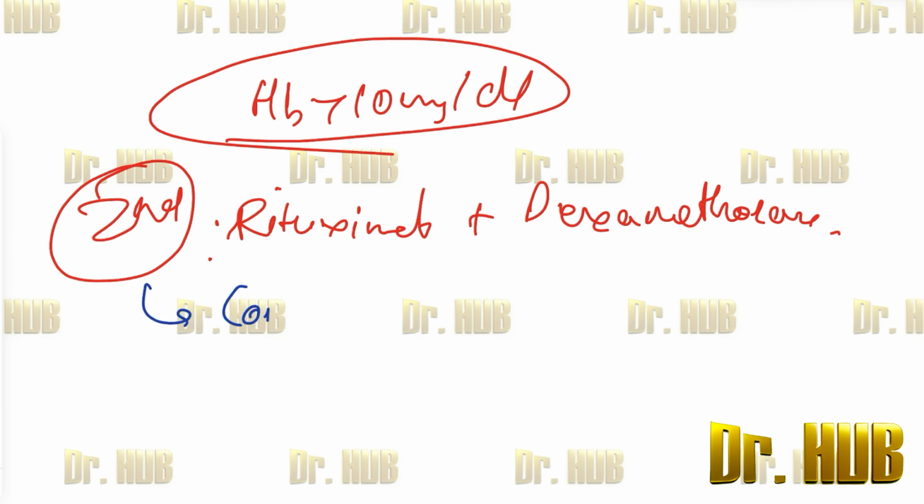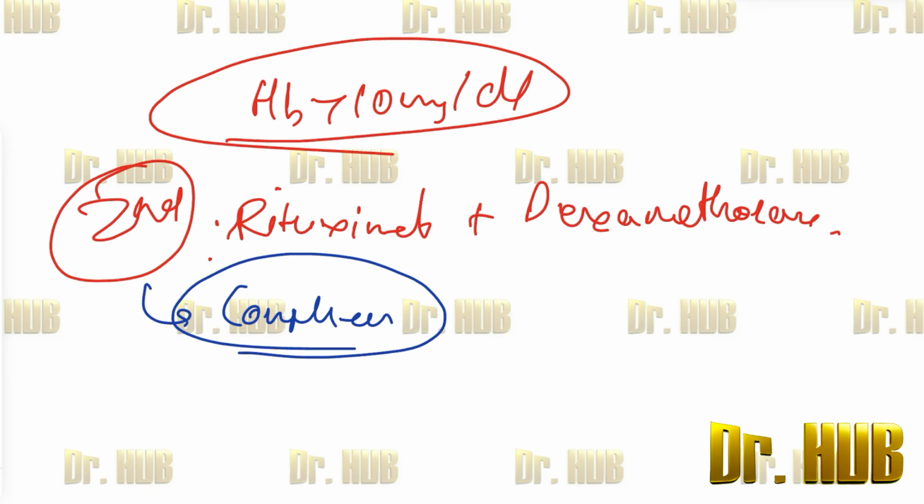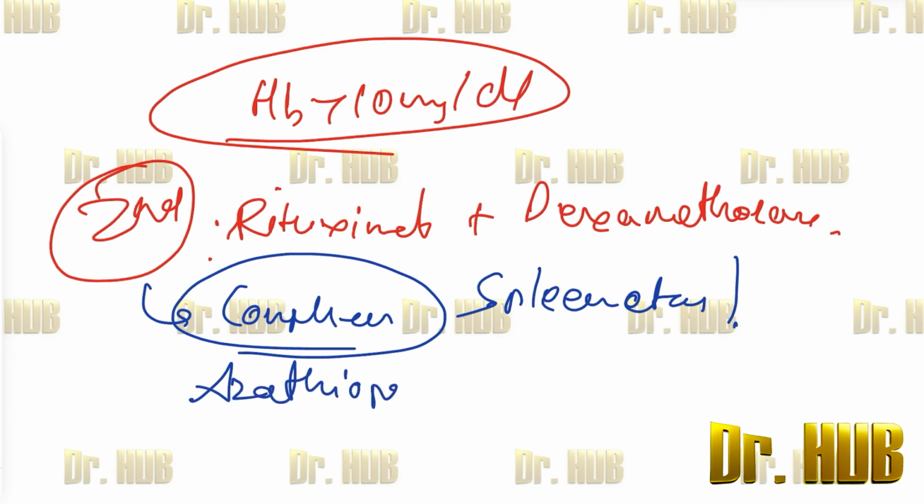In case of complication, splenectomy is done, but it can lead to complications. Azathioprine can also be given. Follow-up will show a rise in counts in about 2 to 4 days.